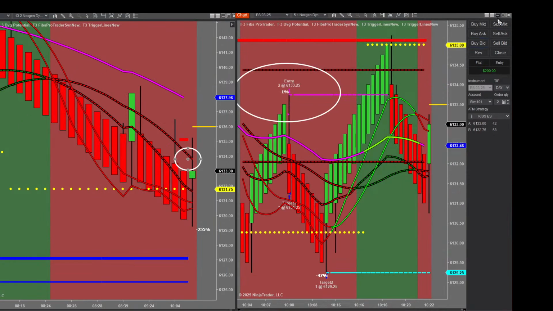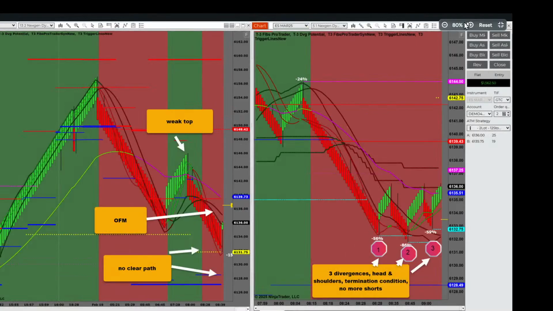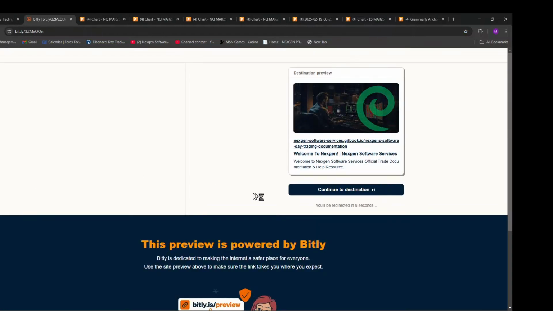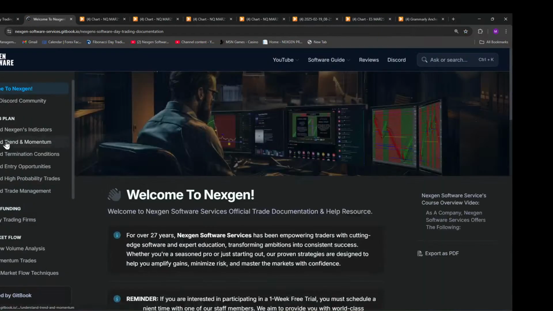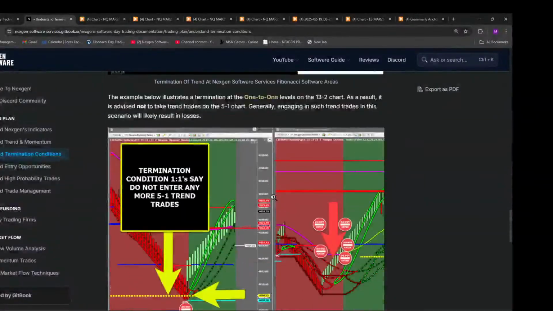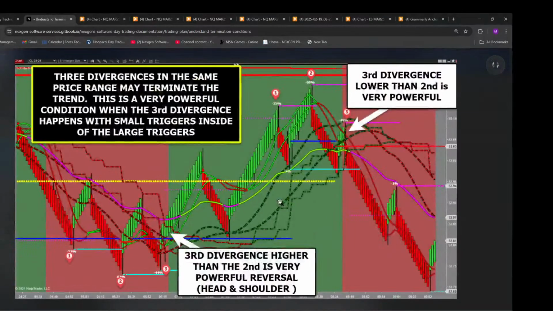Let me go to the termination conditions section from the day trading guide. Guys, there's one time on a small chart where it behaves as a termination condition.